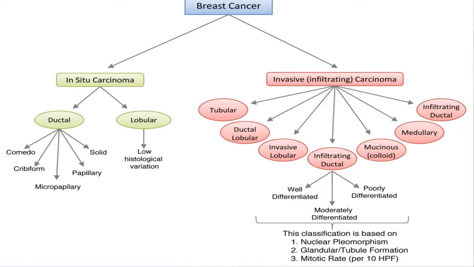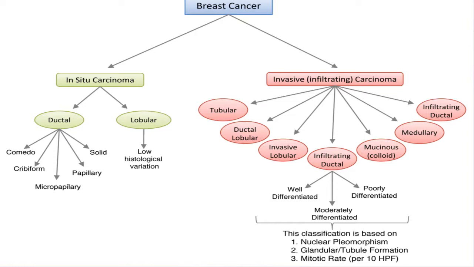Classification of breast cancer. There are many classifications of breast cancer, some of which depend on morphological type and others on molecular type. In this diagram, we show the classification of breast cancer that depends on morphological type. Breast cancer is either in situ carcinoma or invasive carcinoma.